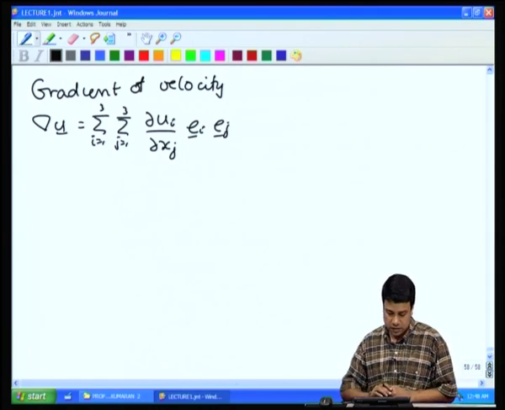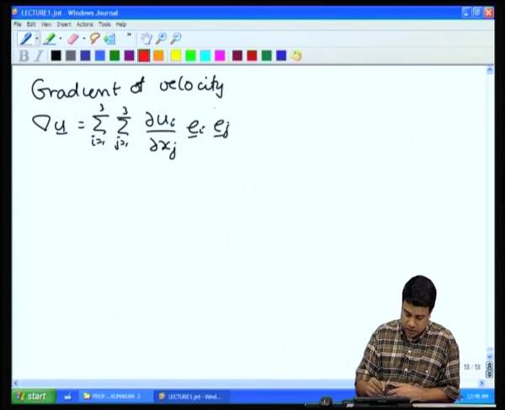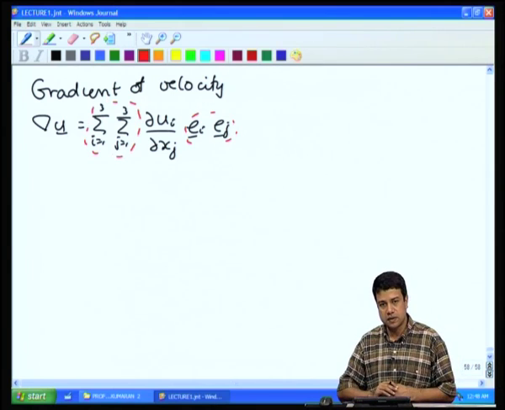We do not usually write these two out in long form when we just do indicial notation, because there are 2 unrepeated indices. So, it is understood that there are 2 unit vectors and 2 summations.